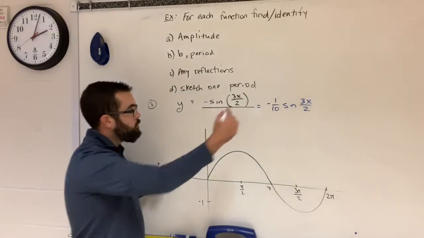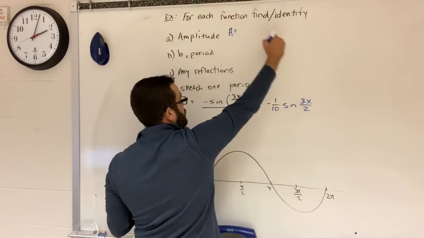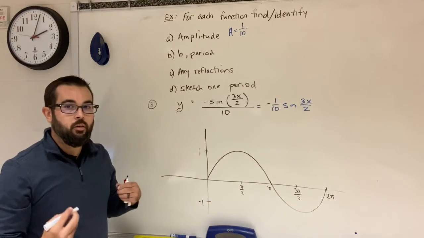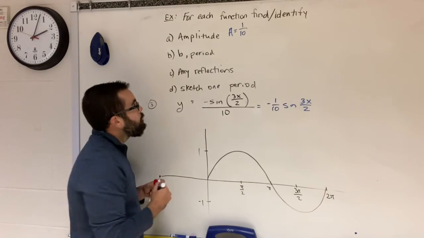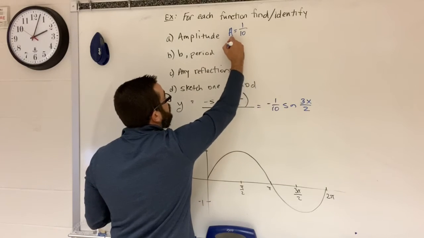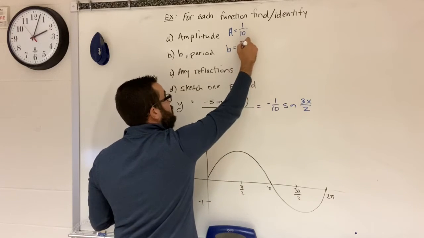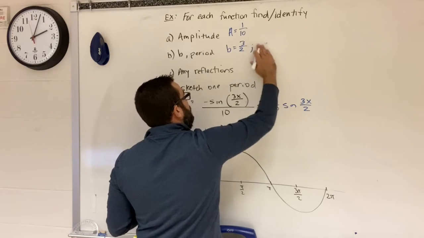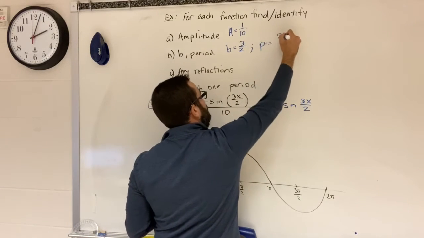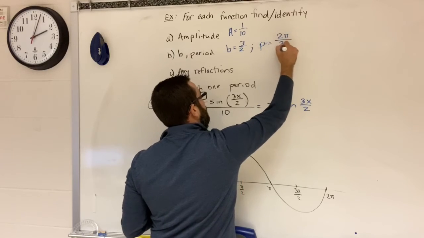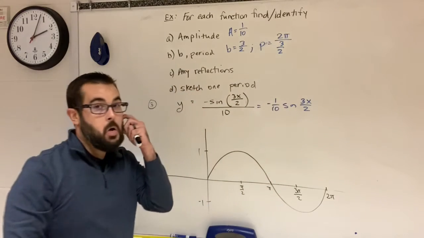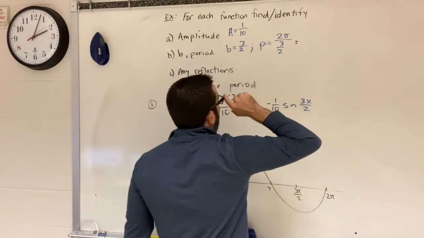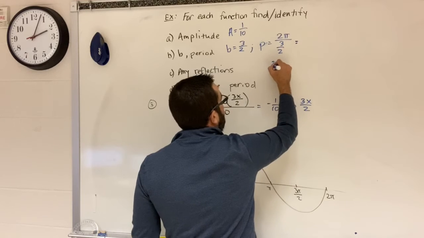All right, so I start just like I started all the other problems. My amplitude is 1/10, not negative 1/10. Amplitude is always positive. The period is, well, I need to identify my b value. My b value is 3/2. So my period, which I'll say is p, is 2 pi divided by 3 over 2.